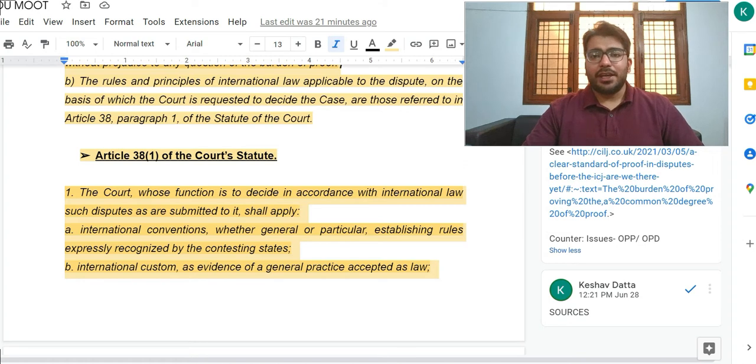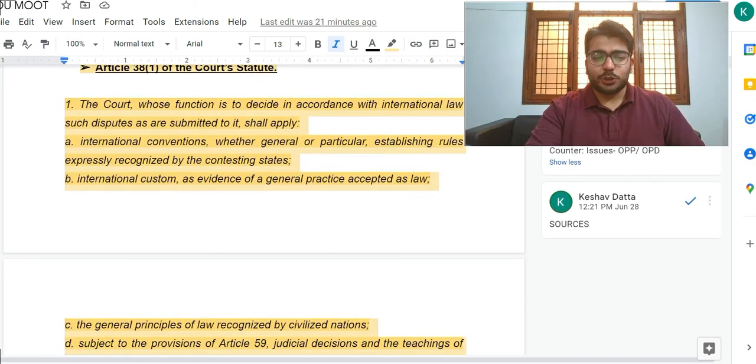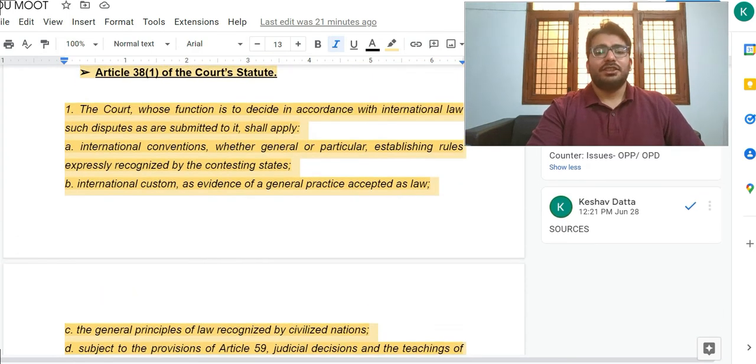You can find anything, an article also, or any national court judgment, or any agreement, or any precedence in UN that you can use in your favor, or any book written. So when the judge asks you what is the evidentiary value, always say that I am drawing my evidentiary value from Article 38 of the ICJ statute, which mentions the various sources of international law which are acceptable to the ICJ, right?